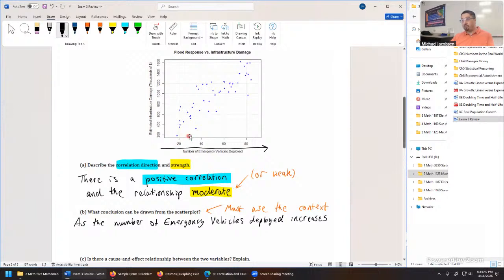So we're imagining just that one variable getting higher and higher. This variable is either going up or down, but if you said positive correlation, we see that it's actually going up.